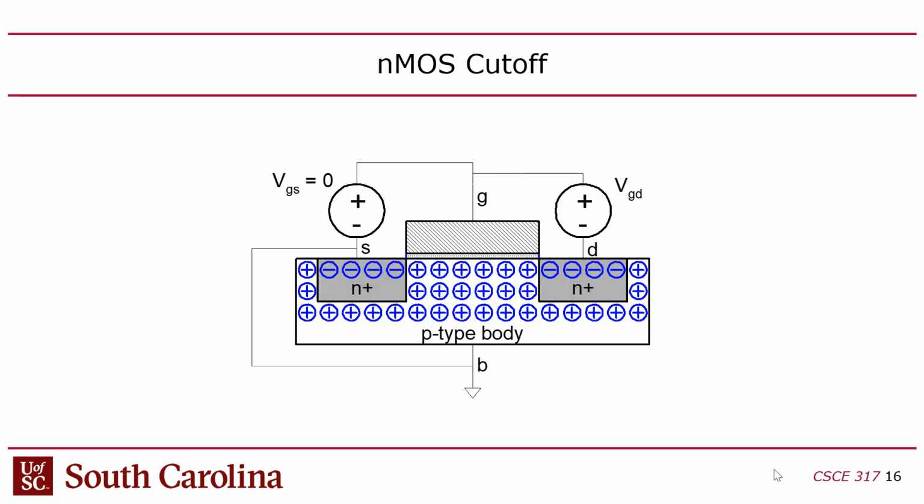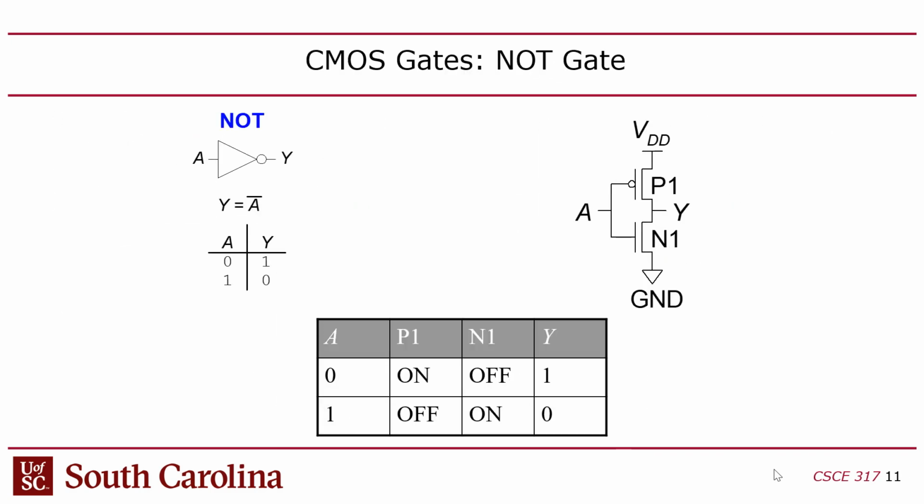Well, let me back up here again and put this into a little perspective. If you look at this design, here's the Y. Y is the output, right? I'm not showing a load on here, Y is connected to nothing. So when you turn on the PMOS, it's going to pull Y up to VDD, and the other side's at VDD.